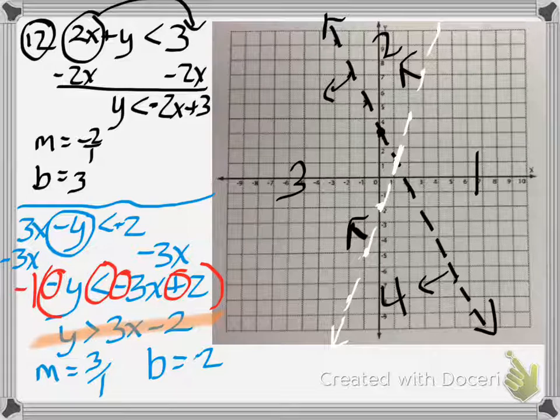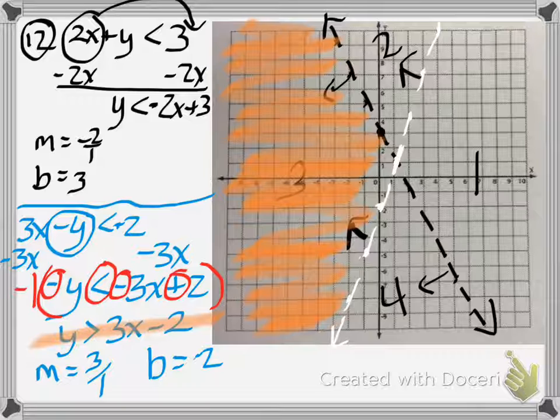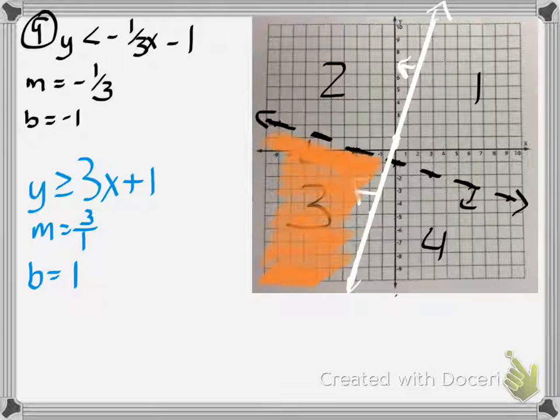Which region is above the white line and below the black line? 3. So I shade in that entire region. So when it is dashed lines, that means my solution cannot be on that dashed line. When it is a solid line, my solution can be one of the solutions on that solid line that's next to a shaded region. So this part of the line that's next to the orange is a possible solution.